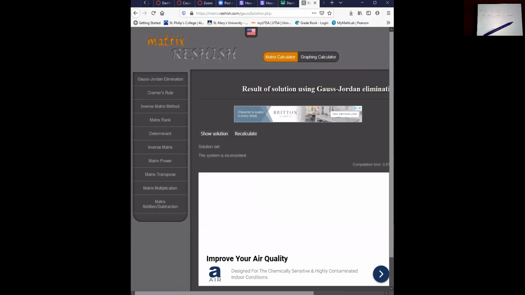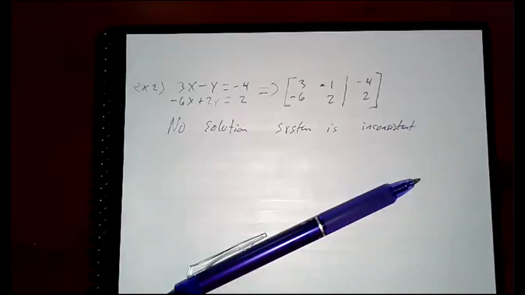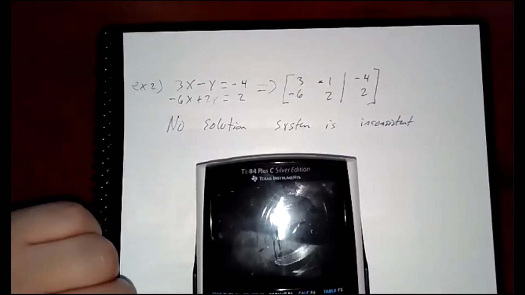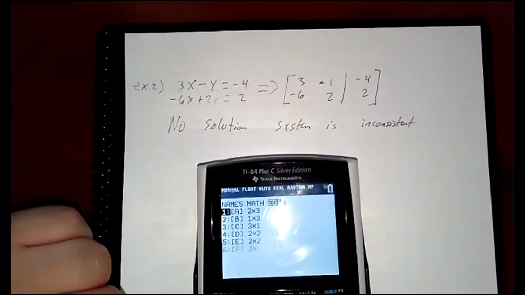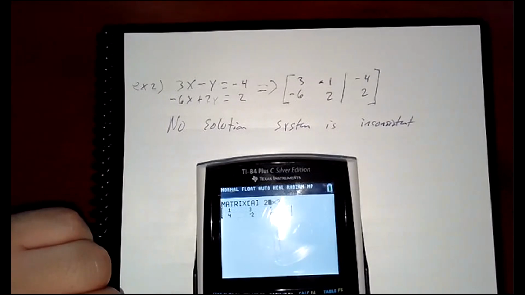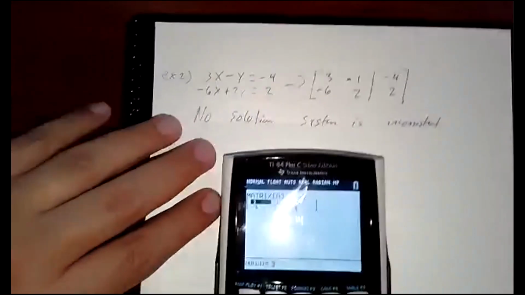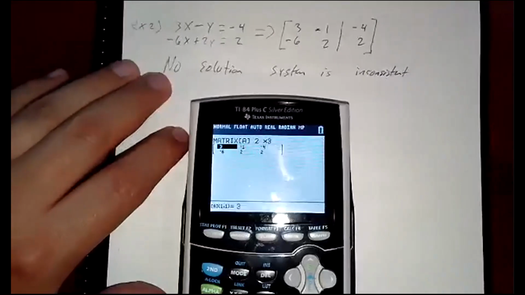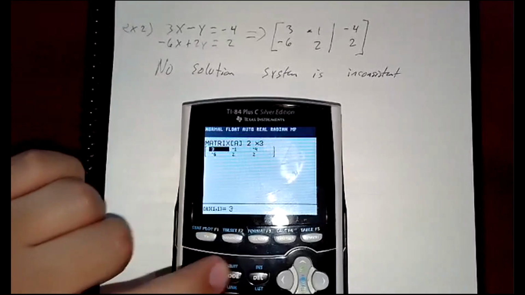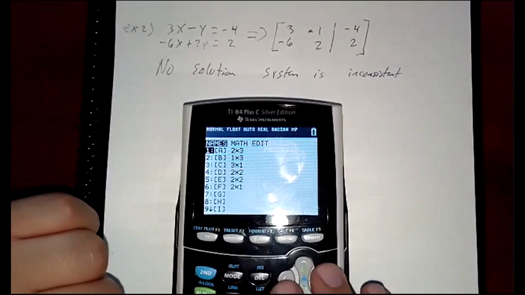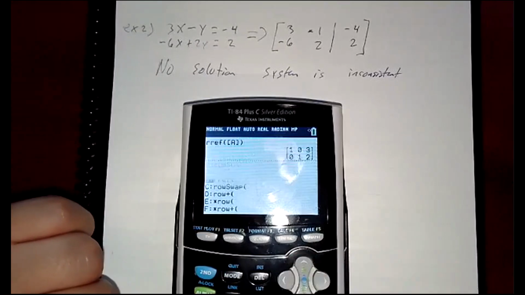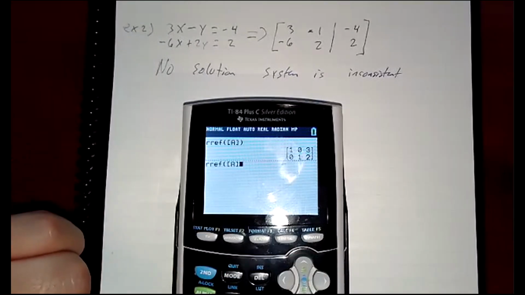Now let's try the calculator just for the hell of it. 2 by 3: 3, -1, -4, -6, 2, 2. Once it's in there, go back into the menu, go to REF, go back into the matrix menu and pick the one you made.